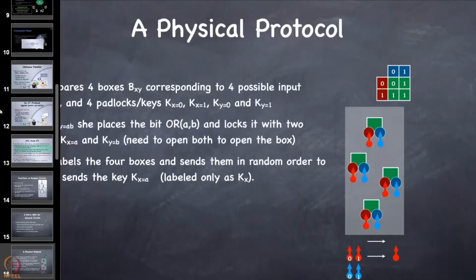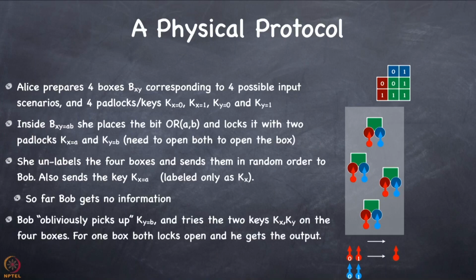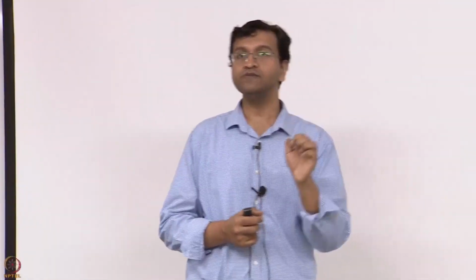Okay, so far he has not managed to learn anything from this. But now Bob wants one more key. So the whole plan is so that he can open one of these boxes eventually and get the output sitting inside that box. So what is the key he will need?